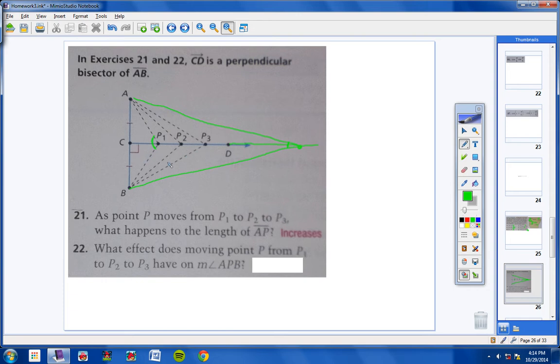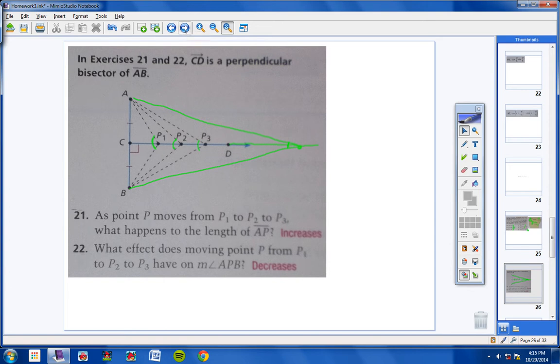So it really is common sense as P is moving up this line, this angle is getting smaller and smaller. So whatever it was here, it's smaller here, it's smaller here, and it's smaller here. So what effect does moving point P up this line have on this angle? It's causing the angle to decrease or get smaller, okay?